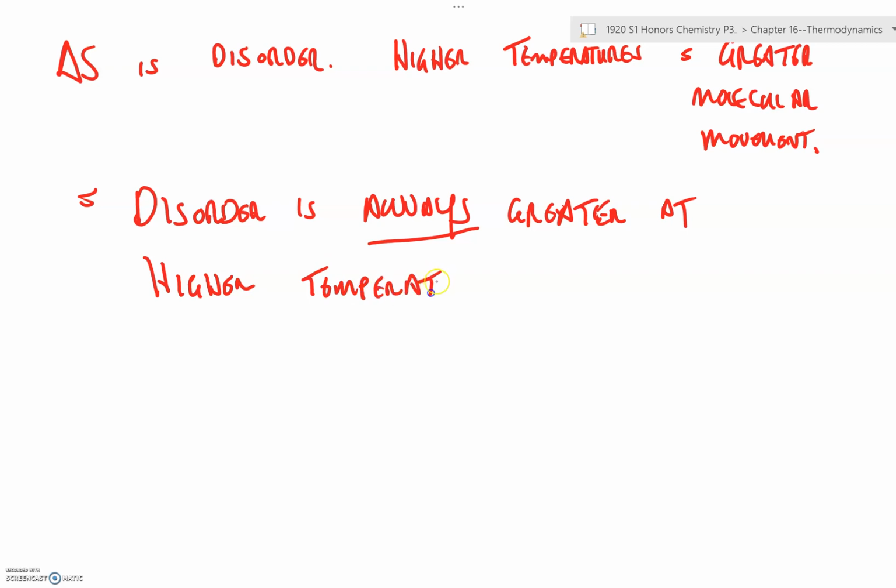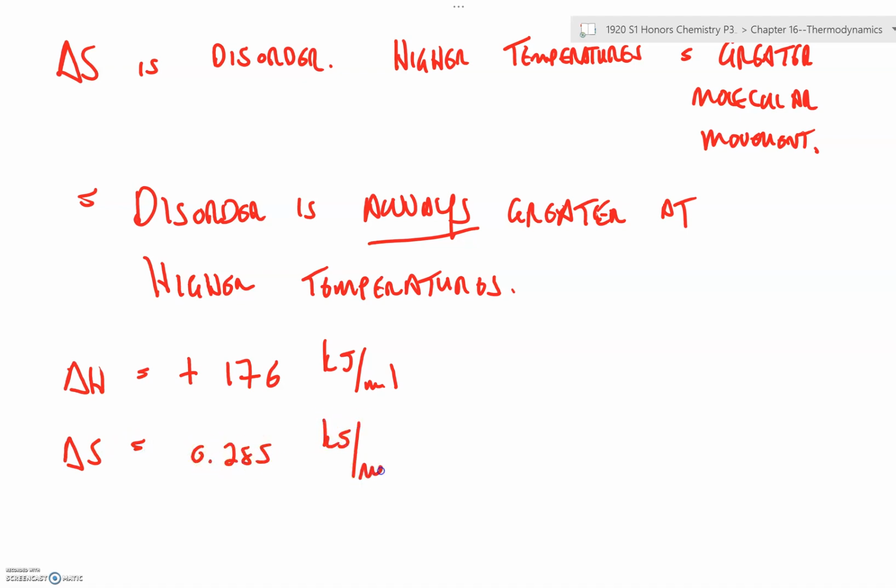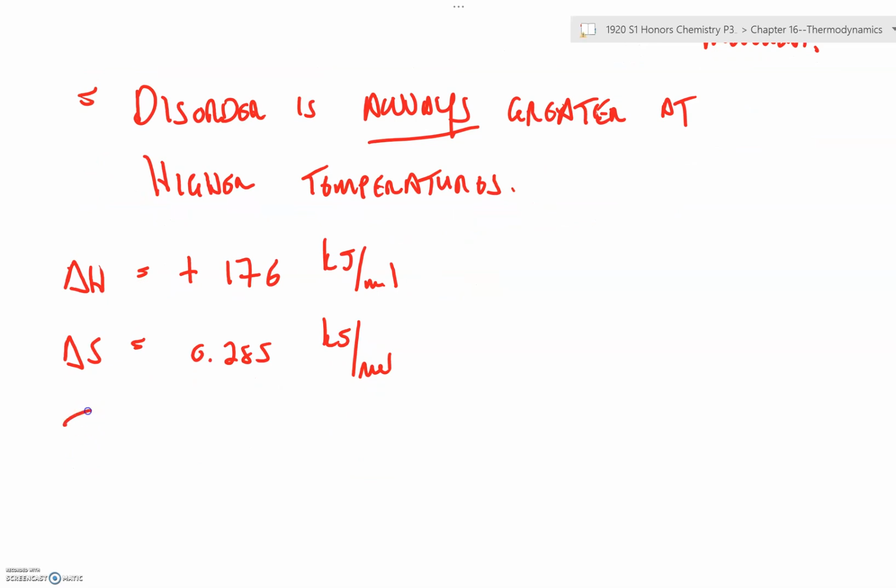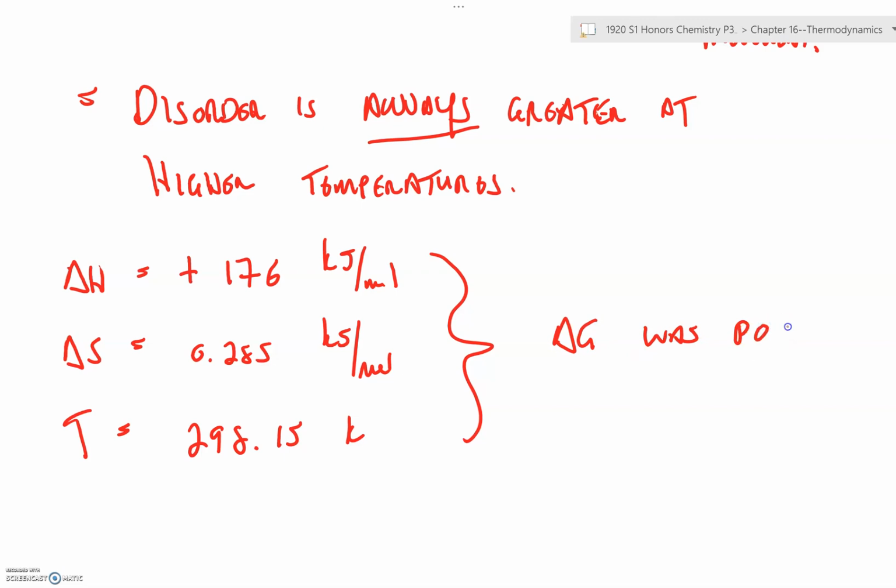And so we already determined that this reaction is not spontaneous. We had a delta H of positive 176 kilojoules per mole. We had a delta S of 0.285 kilojoules per mole kelvin, and when our temperature was 298.15 kelvin, delta G was positive.